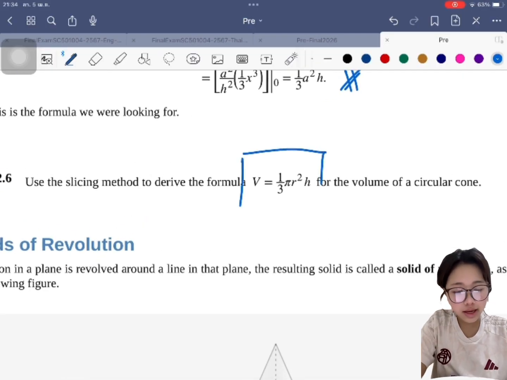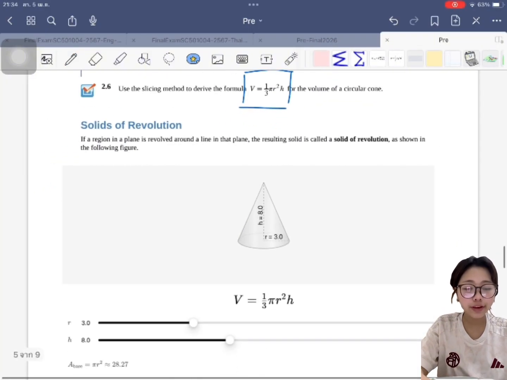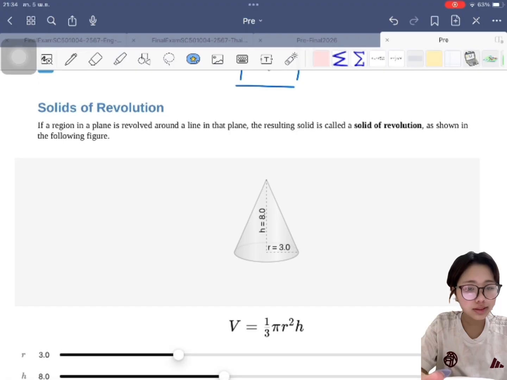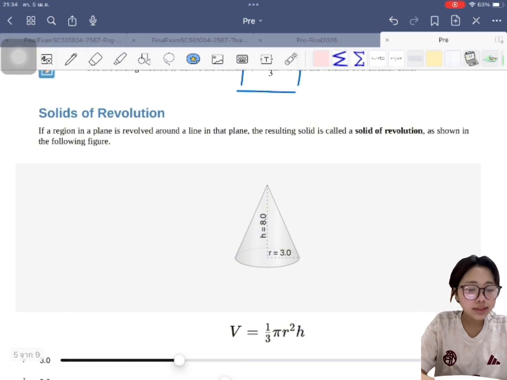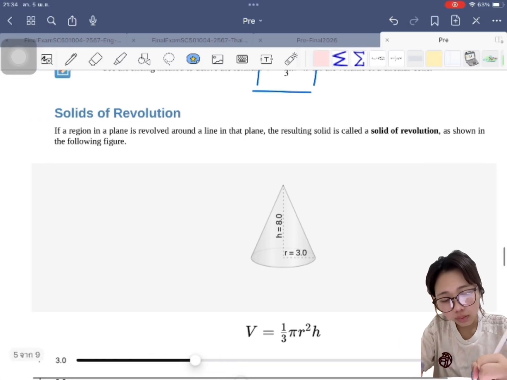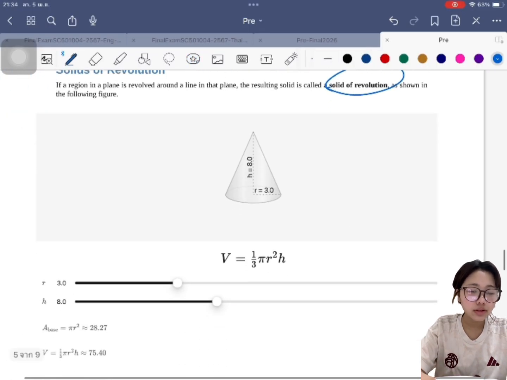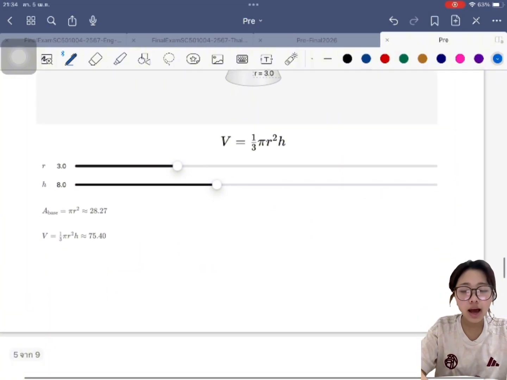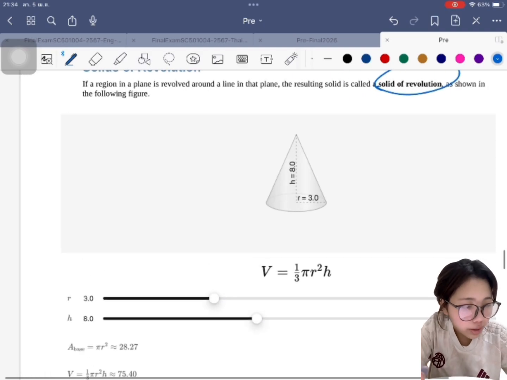A and B. A is the region under the graph of f(x) equals 1 over x, over the interval 1 to 3. B, the solid of revolution generated while revolving about the y-axis.